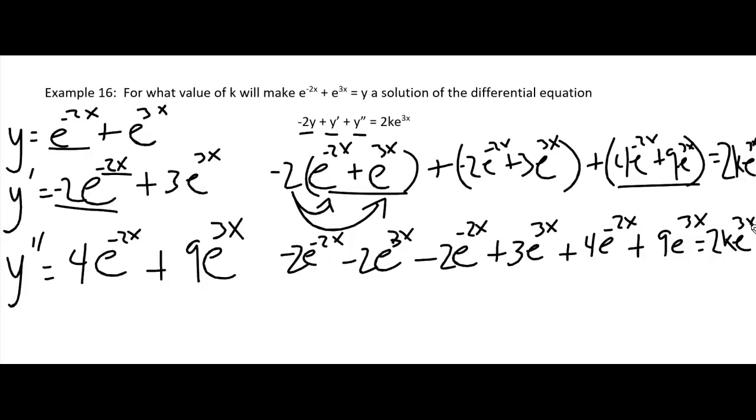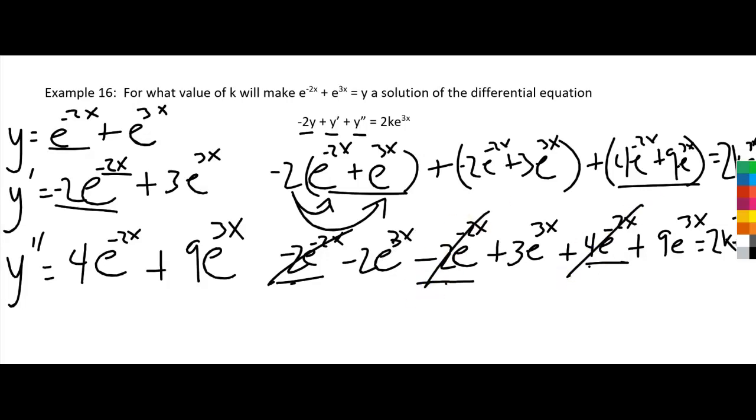Okay, and then we're going to combine all the like terms. Now, here's an e to the negative 2x, here's another e to the negative 2x, and here's another e to the negative 2x. Negative 2 and negative 2 makes negative 4, and negative 4 with positive 4 makes 0. So these three things just cancel each other out.